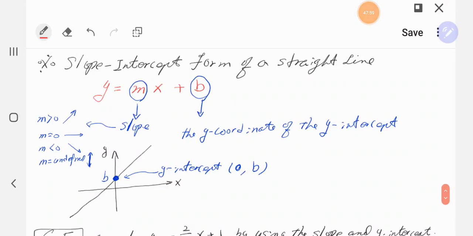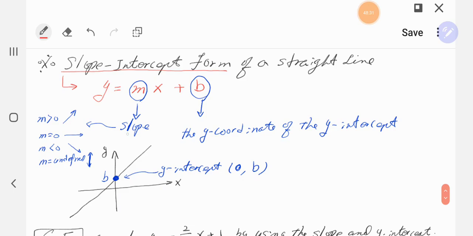Okay, now next definition is also important. Slope-intercept form of a straight line. We know the equation of a straight line is y equals mx plus b. So this mx plus b is the slope-intercept form. So this form is called slope-intercept form. m is the slope, b represents the y coordinate of the y-intercept.